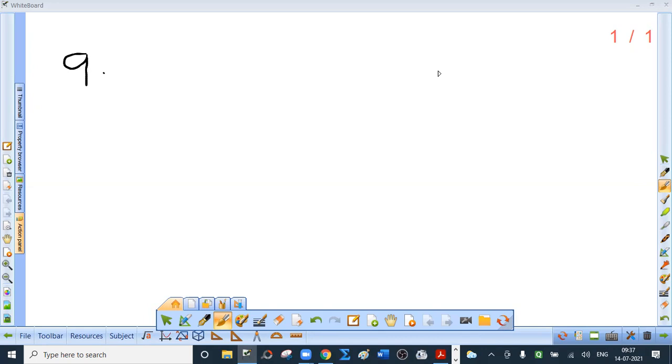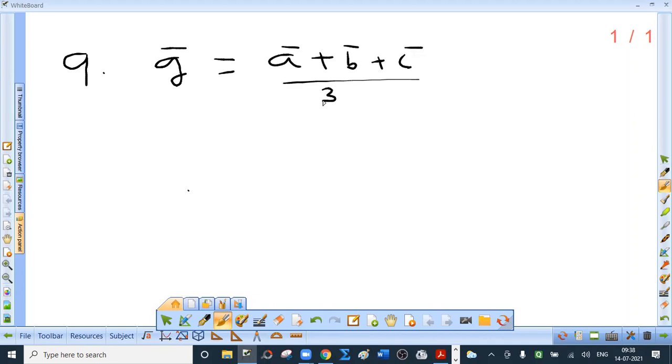The position vector of the centroid capital G is given by, yes, what is G bar? A bar plus B bar plus C bar upon 3. Now our aim is to obtain C bar. So 3G bar is A bar plus B bar plus C bar. So what is C bar?